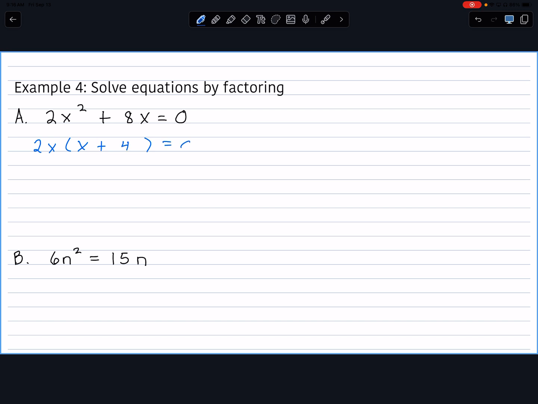From here, notice we are right back to our zero product property. Something times something equals 0, and we can solve. So either 2x equals 0 or x plus 4 equals 0. So we get x equals 0, x equals negative 4. We could then plug those numbers in to check. They are going to work.